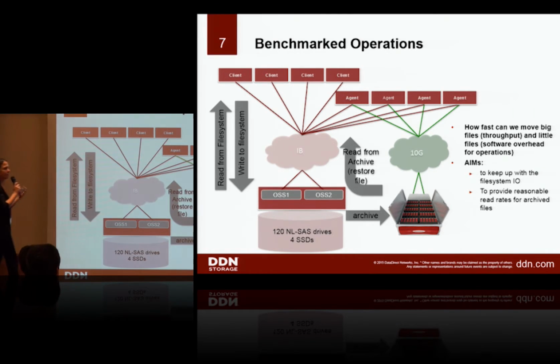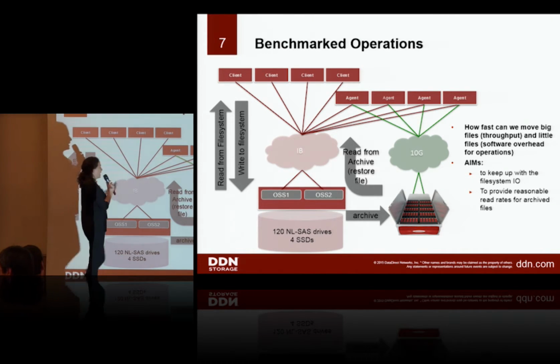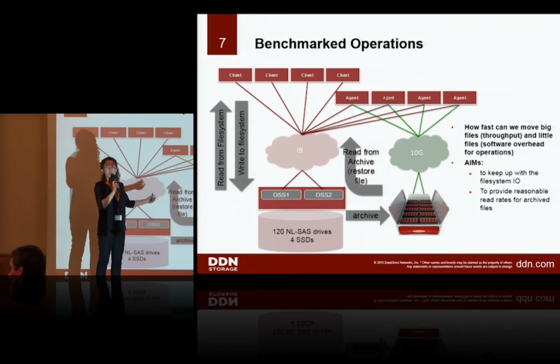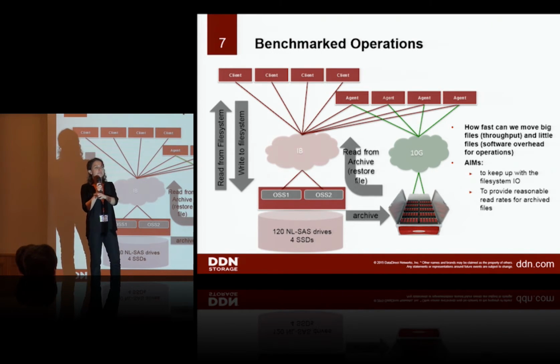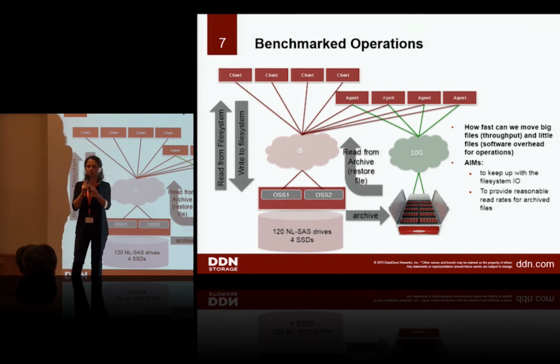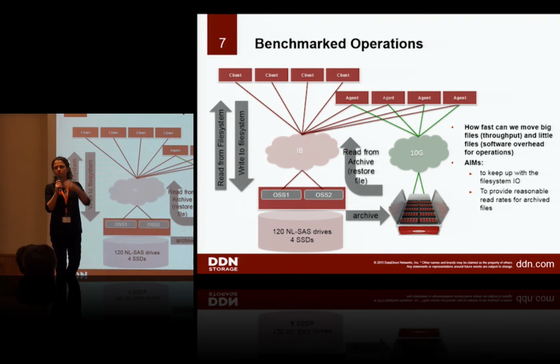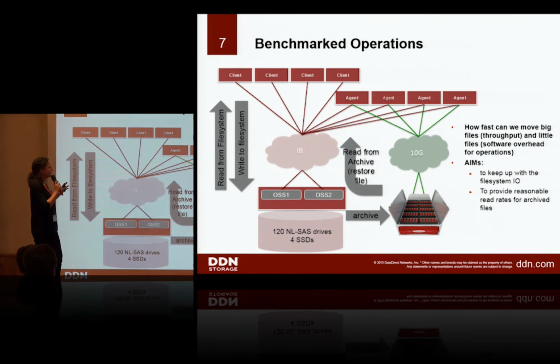I will comment how we have done it so far. When we have archived the data, we release the data, so we remove all the data blocks on the Lustre file system, and then we tested at which speed we were able to recover that information from the whole system, and we compare that.